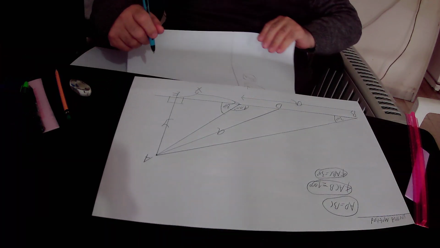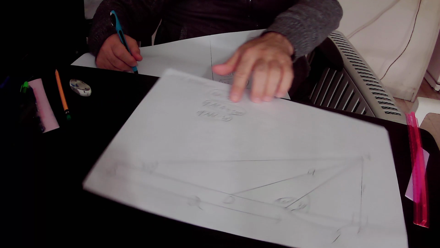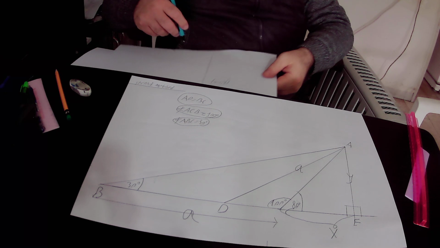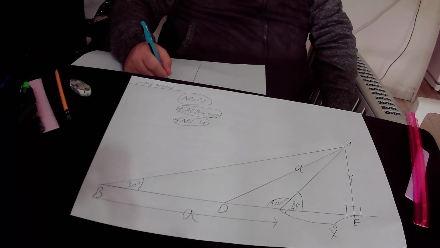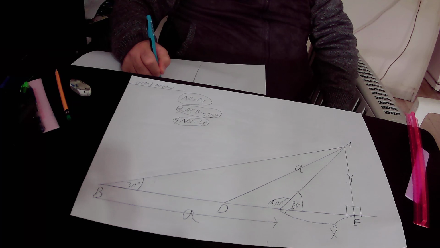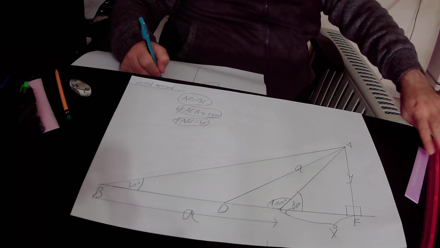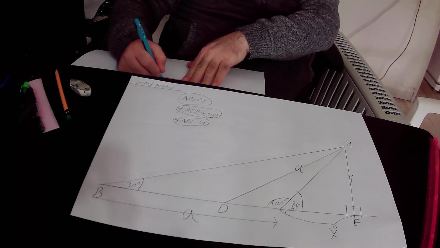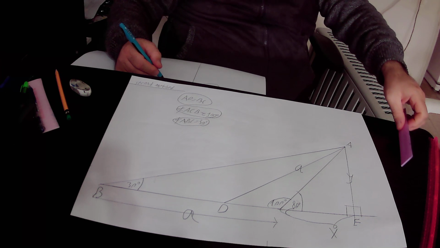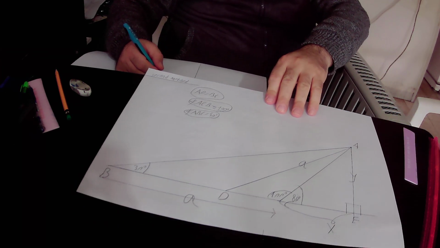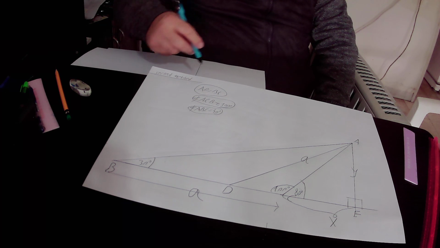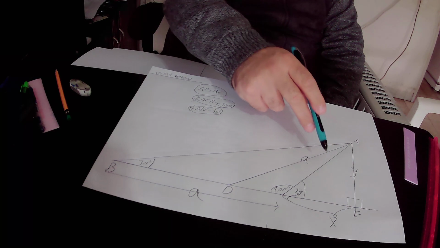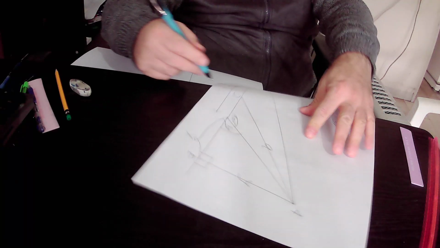In the next step, we will focus on the right triangle, triangle ADE. First of all, we will define the angle that we are looking for, that is angle ADC or angle ADE, as angle theta.